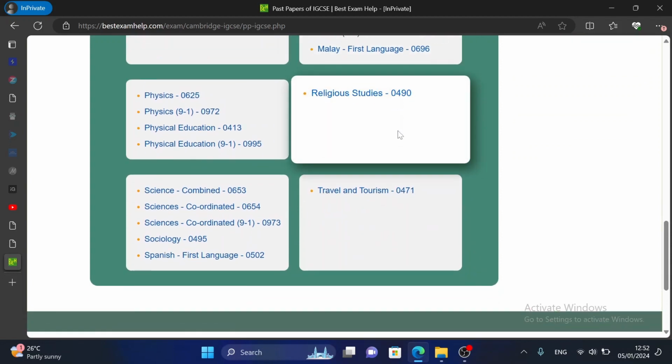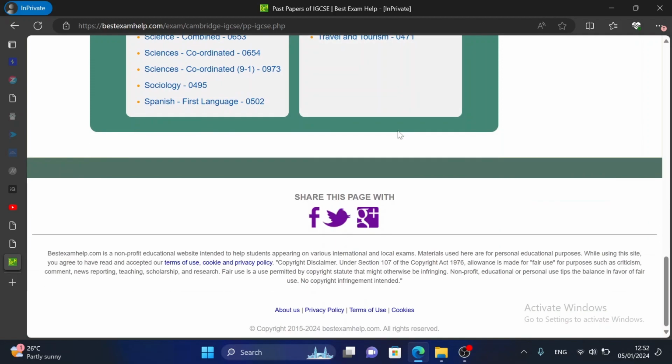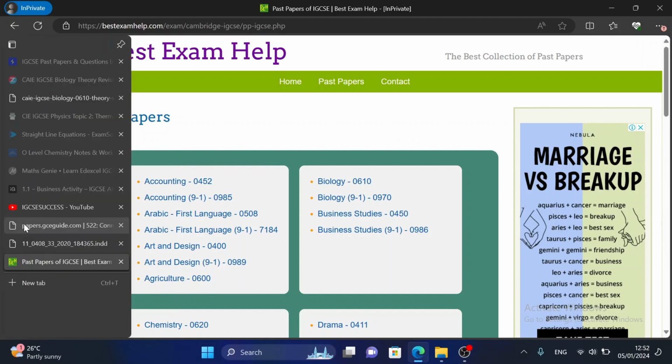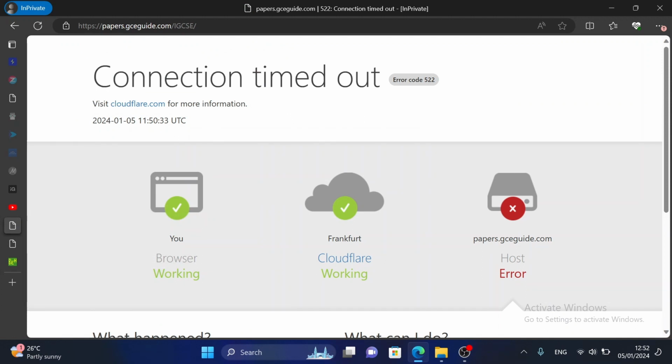Ooh. And yeah, that's it. Let me go back on GCE Guide and see if I can still reload this. If not, I think that's the end of our list.